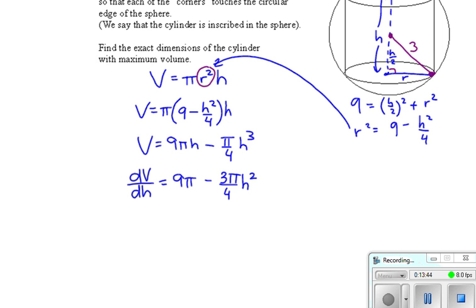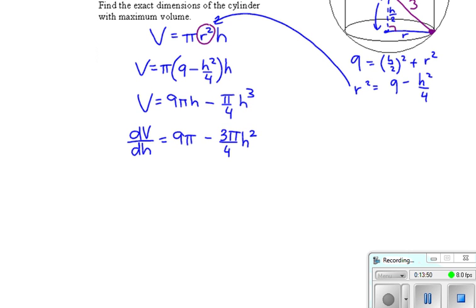Okay? So, what are we setting to 0? The dV/dh. Now, we want to factor this. And we can factor 3 over 4 out. We want to make this a fraction, well, I guess you don't have to, but we can also add this to the other side.